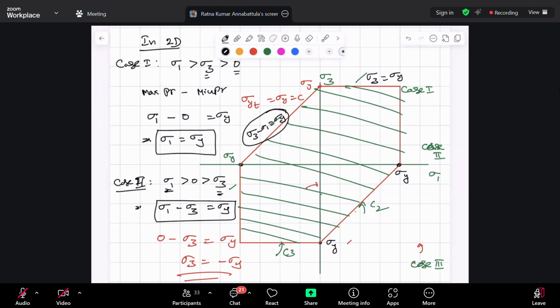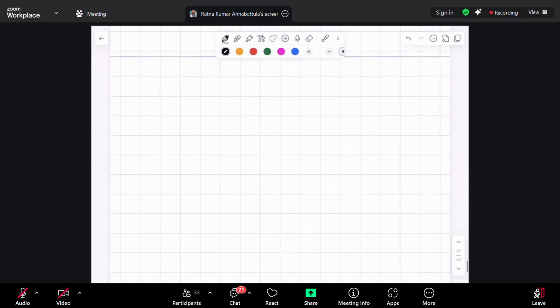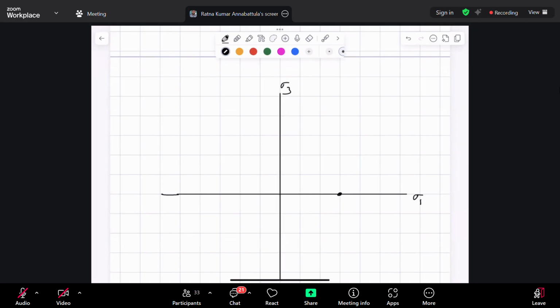Thank you, sir. Now let us try to carefully draw the failure surfaces for different failure theories. Let us say this is sigma 1, that is sigma 3, and let us identify sigma y. 3 units, 1, 2, 3 units, 1, 2, 3 units. That is my sigma y's.